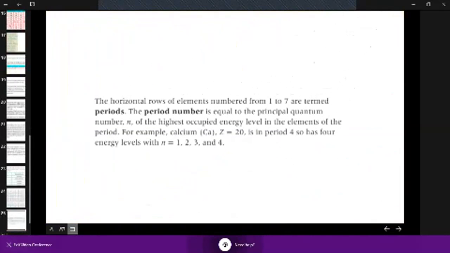I want to remind you that the horizontal rows of elements numbered from 1 to 7 are termed as periods. The period number is equal to the principal quantum number n of the highest occupied energy level in the element of the period. We shall talk about that in the coming lessons, but you need to know that.